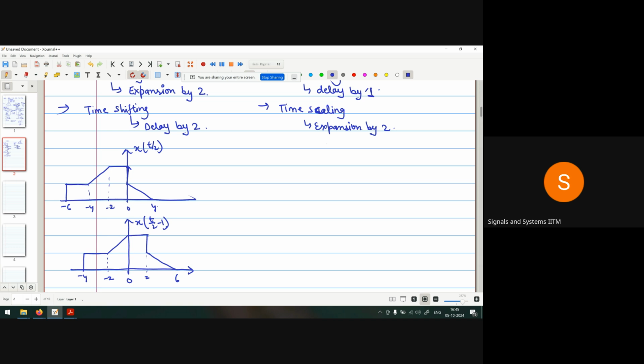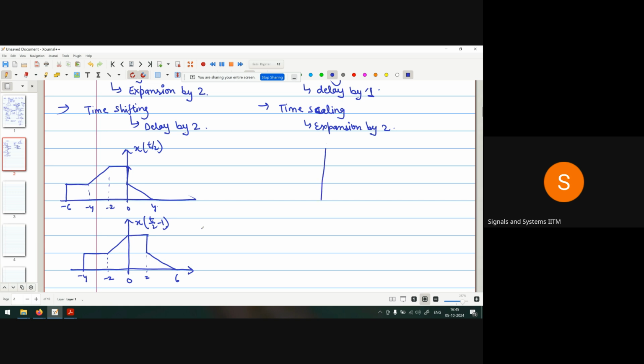Now we go to the backward approach. First of all, we do the delay.